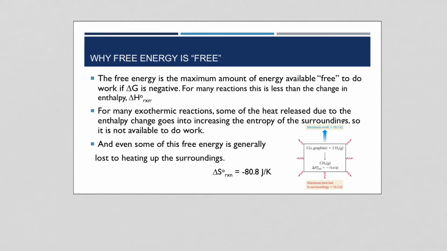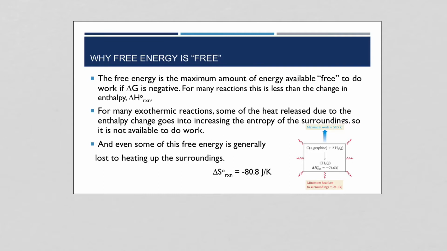At this point, I want to talk a little bit more about delta G in a more theoretical way and address the idea of why free energy is free. What do we mean, really, when we talk about this free energy? Free energy we can define as the maximum amount of energy available, in other words, free, to do work if delta G is negative, right?